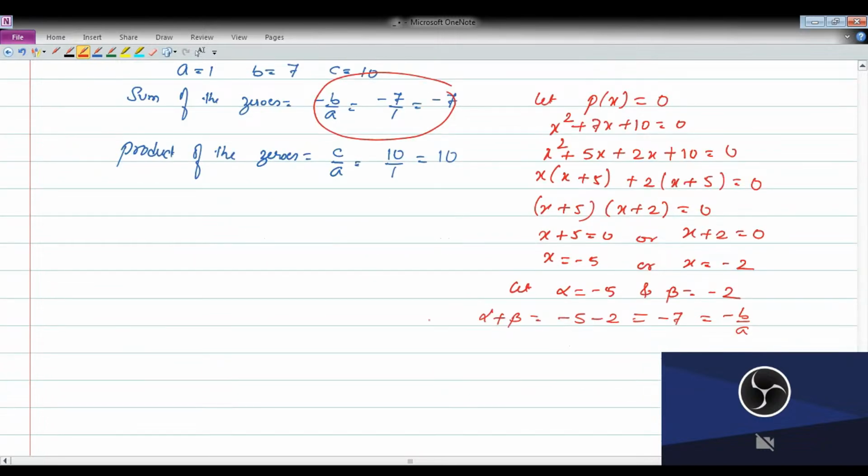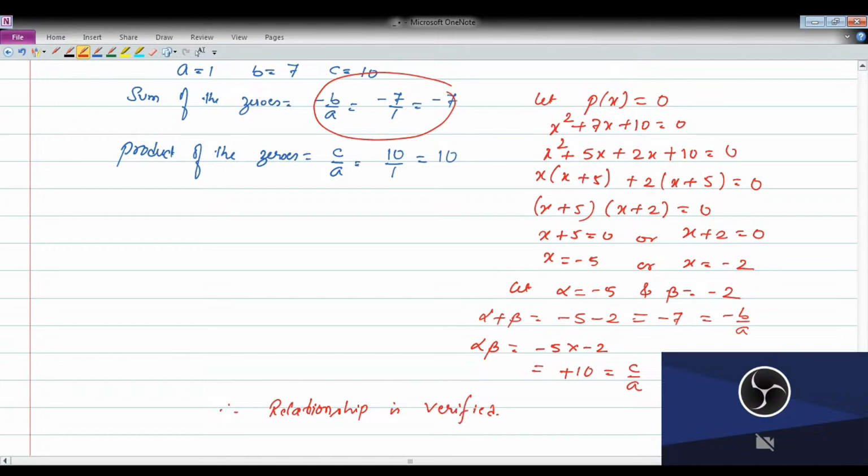Now you take the product of the zeros, alpha into beta. Alpha into beta is equal to minus 5 into minus 2, that is equal to minus 10. Sorry, plus 10, that is nothing but c by a. Therefore, what we can say? We can say the relationship is verified.